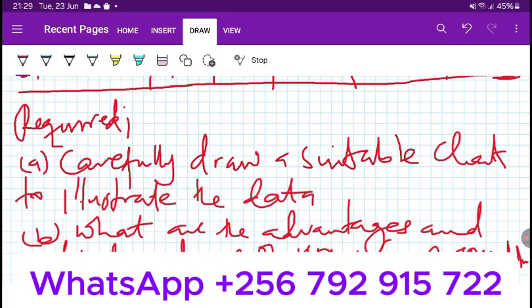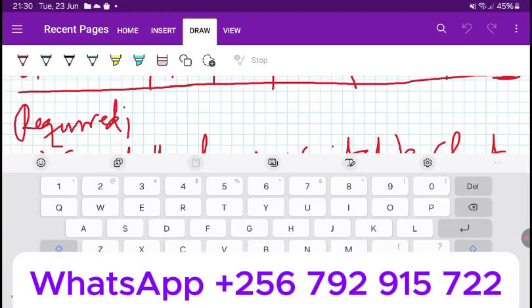So whichever chart we have selected, what are its advantages? But our main focus is on part A, the illustration of the suitable chart.